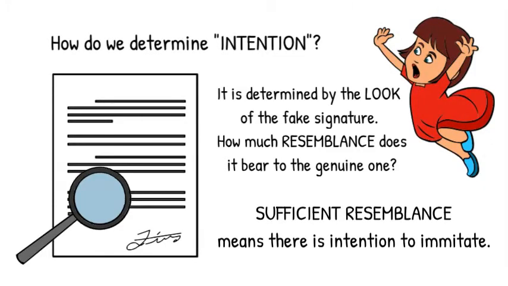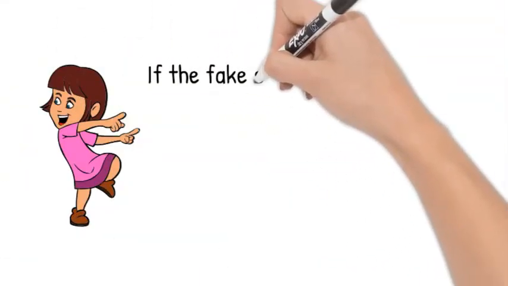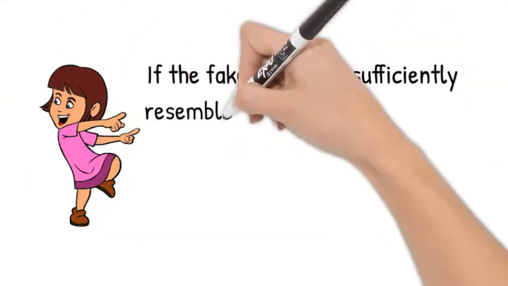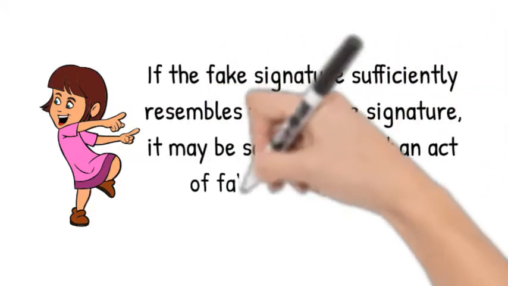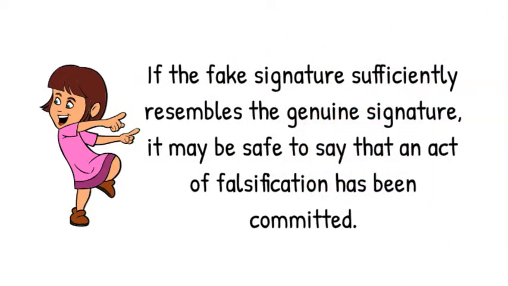The fake signature does not have to be a perfect replica of the genuine one. But if the fake signature has sufficient resemblance to the genuine one, it may be safely assumed that the perpetrator had the intention of making an imitation. In other words, if the fake signature sufficiently resembles the genuine signature, it is safe to say that an act of falsification has been committed.